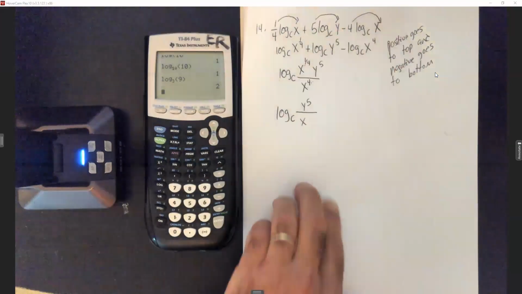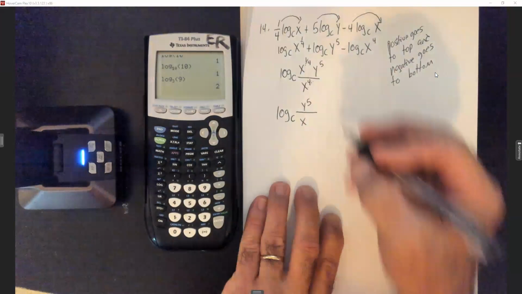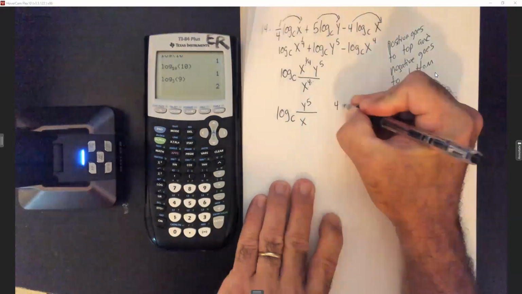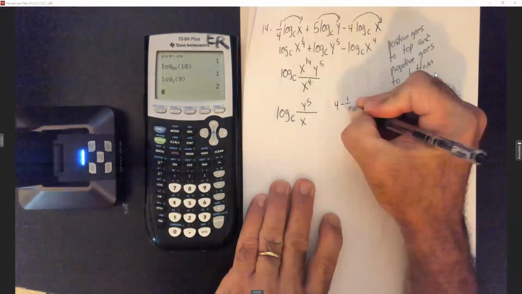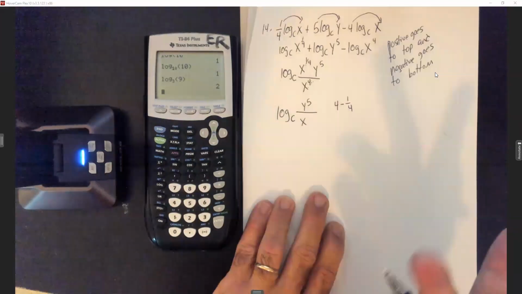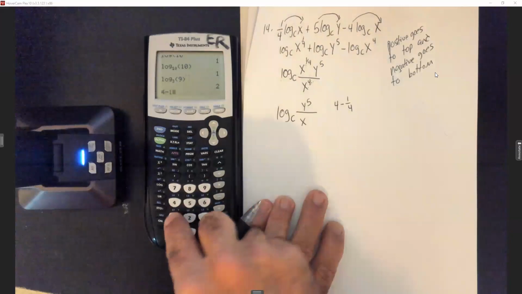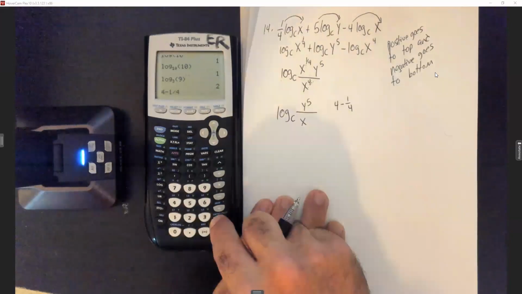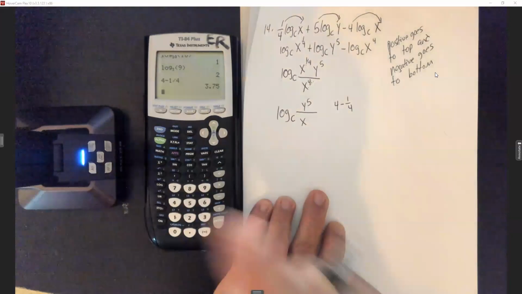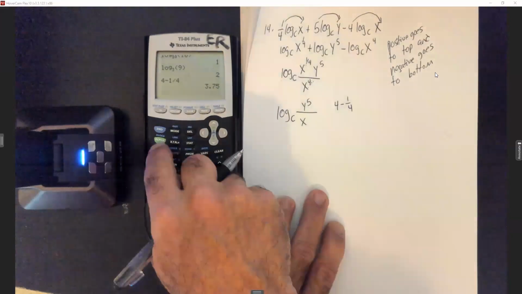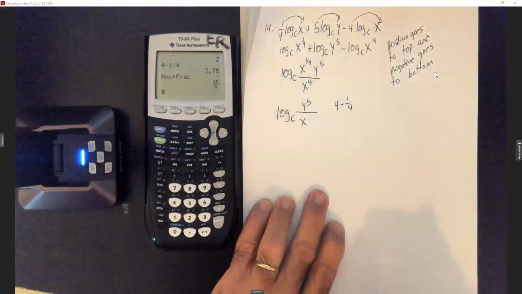So to find out how many x's, we got to take that 4 and subtract 1/4. So we got calculators now. The easiest way is to say 4 minus 1 divided by 4. That's going to give me 3 something. Remember, turn that back into a fraction by hitting math and enter twice. And you get a 15/4.